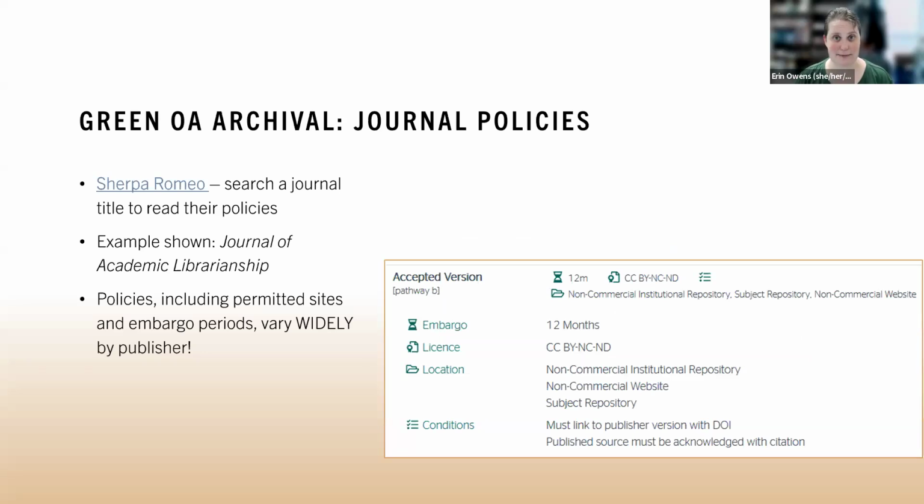Now here's my accepted version, or my postprint, post-revision final version of content. They tell me here that I can share it on a non-commercial institutional repository, a non-commercial website, or a subject repository after an embargo of 12 months, and I must link to the publisher version with DOI.